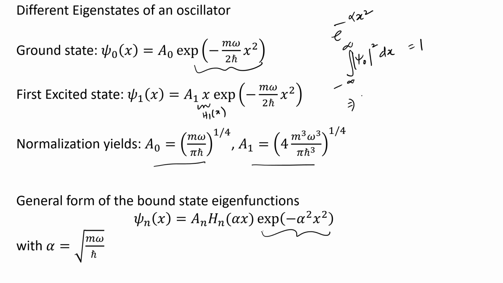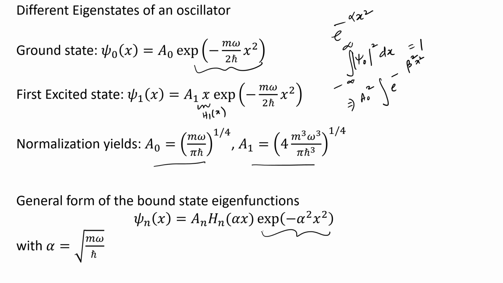So, that tells you that a0 square, in principle I should write it as mod a0 square, because it can be complex, but here of course we have real values, and we have the exponential. Now, there is a factor of 2 here, so forgetting this factor of 2, you can adjust this alpha. Let me then call it beta, so that you do not confuse it with the same alpha.